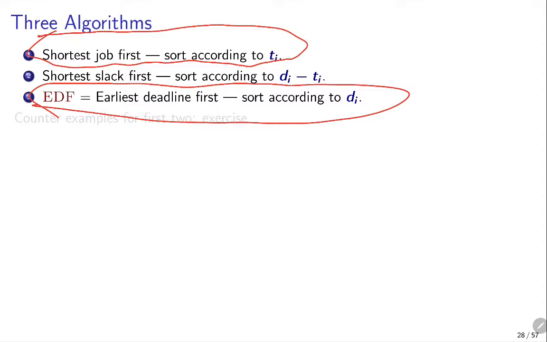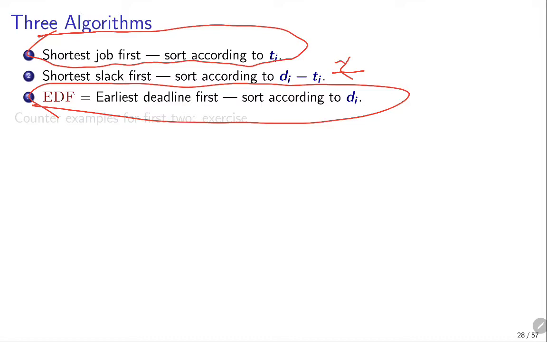Especially if you have faraway deadlines, you really want to get rid of the easy things first. And then there is a third strategy, which is shortest slack first, right? So you look at a job and you look at its duration and you subtract it from the deadline, right? So this is really the deadline by when you have to start the job, right? And you sort according to that.